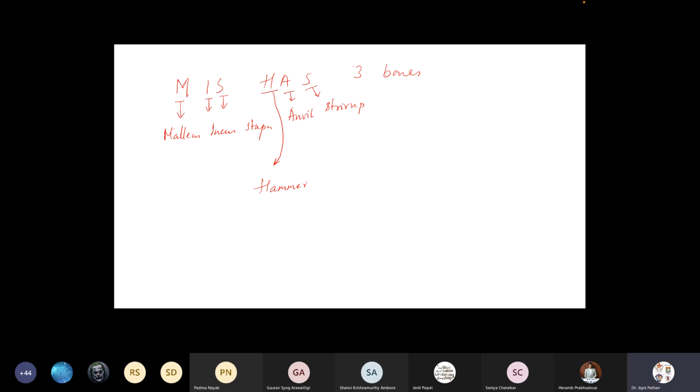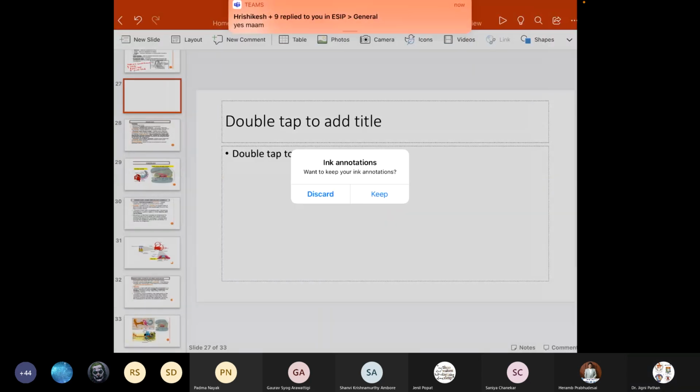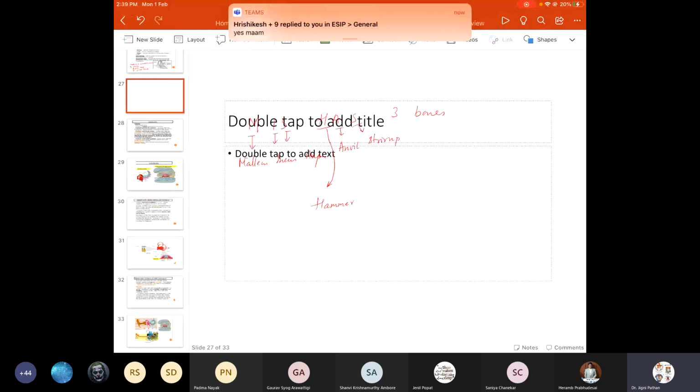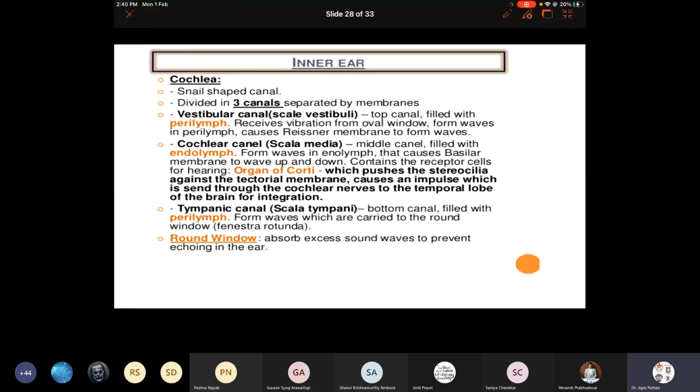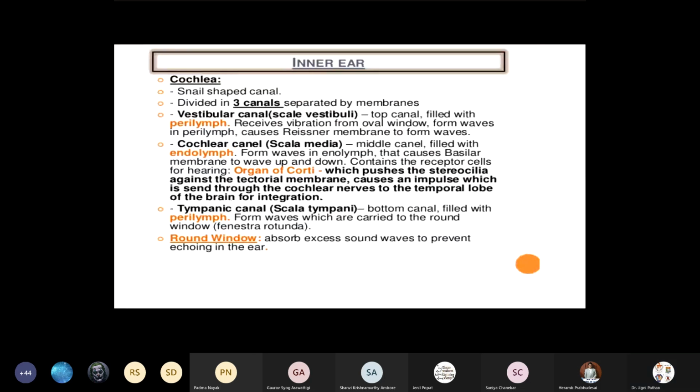Okay, done, everyone? Next. The inner ear. Let's come back to the inner ear. The inner ear has the cochlea and it also has the vestibular canal.